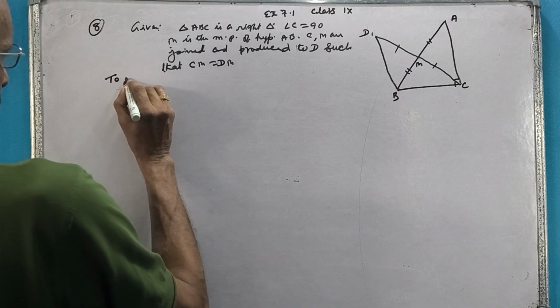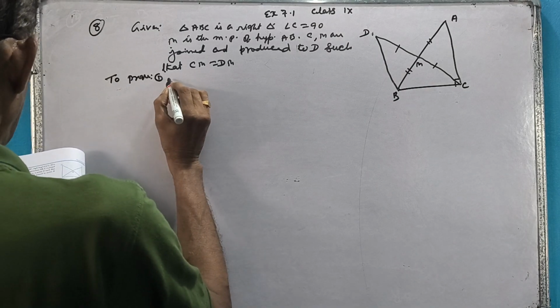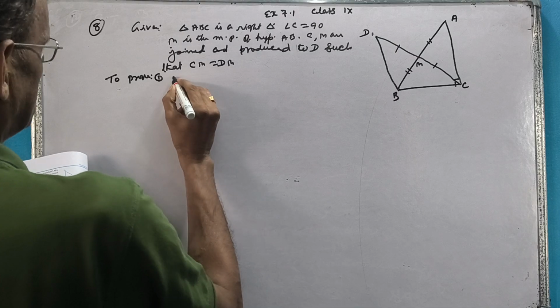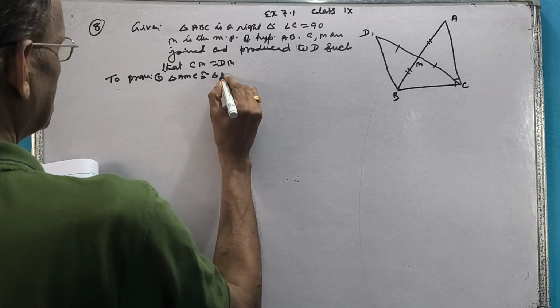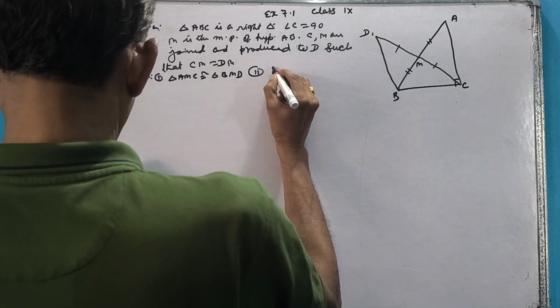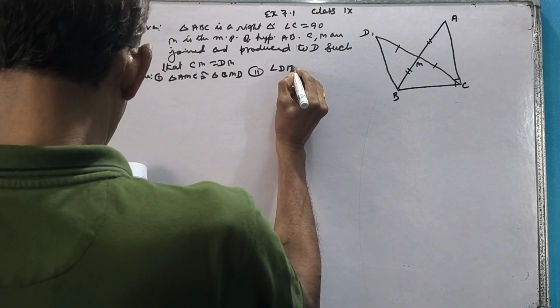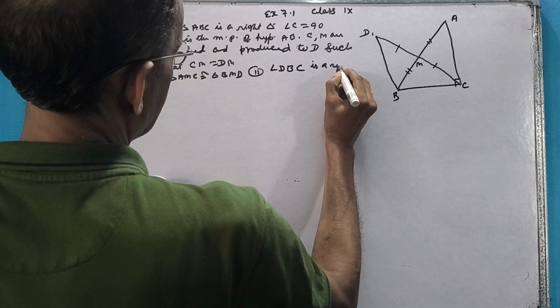Now we have to prove: number 1, triangle AMC congruent to triangle BMD. Number 2, angle DBC is a right angle.